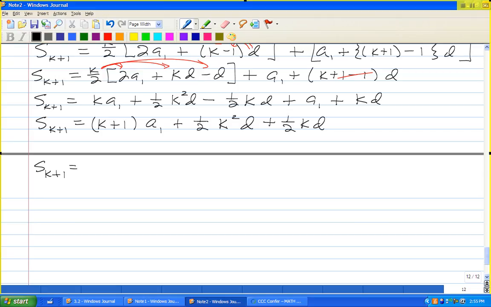And so this is equal to, let's factor out the 1 half kd. So what remains is just k plus 1.